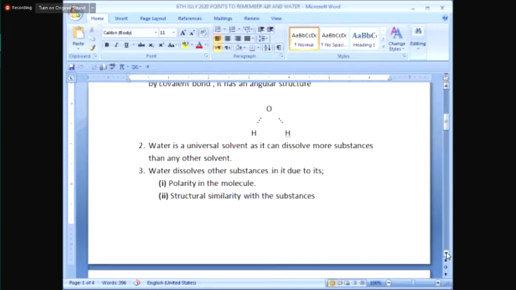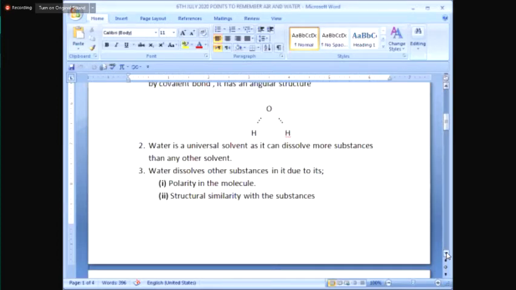As in steel, iron is the solvent and carbon is a solute, present in a smaller amount, no matter its physical state is solid. So water is a universal solvent as it can dissolve more substances than any other solvent.